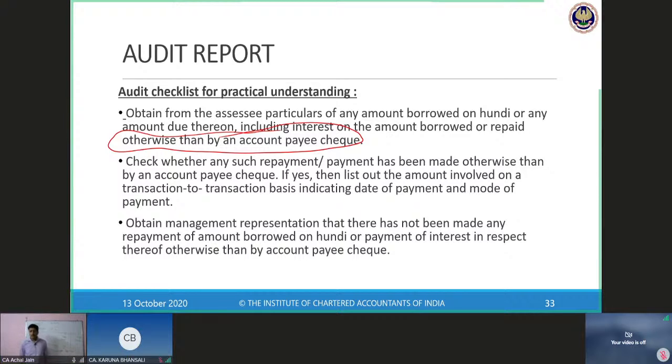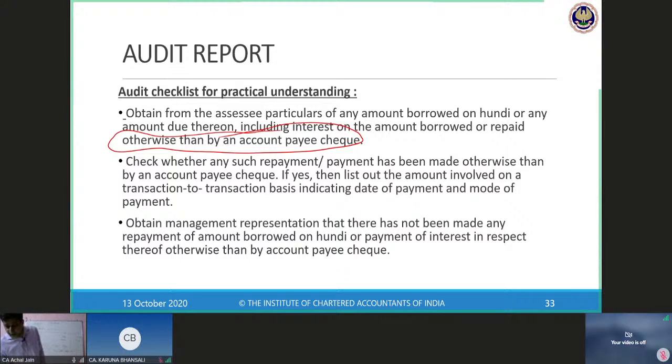In this respect, it will not be very easy for the auditor to track all of these transactions in case they have happened by anything other than an account payee cheque. That's why management representation becomes a very important procedure in this case.